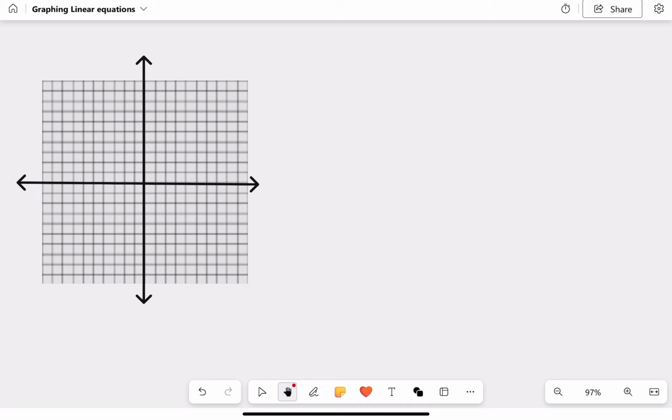Okay, y equals x. So before only b was missing, but now m is missing too. What do we do? Do we put 0 for m too? No, actually, that is not the case. So, we know that there's an imaginary 0 right here. Right, so technically it's x plus 0.